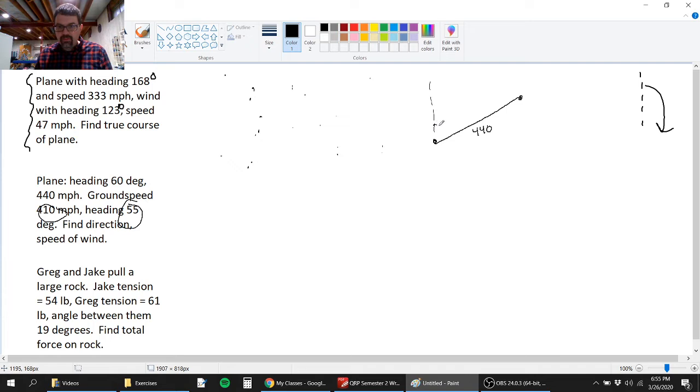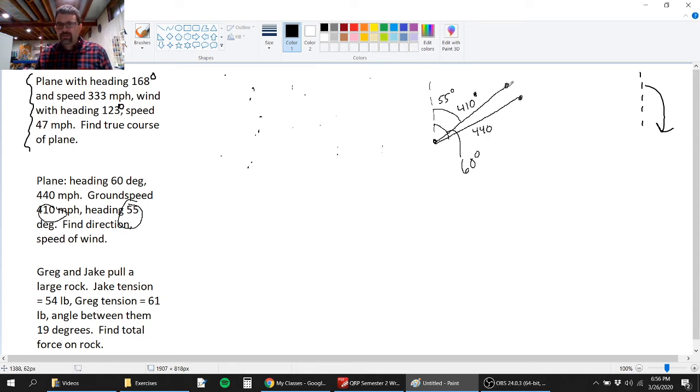So now this would be 60 degrees. So the actual speed is at 55 degrees. So straight north, rotate only 55 degrees, and you get 410, not degrees, just 410. And this is 55 degrees.